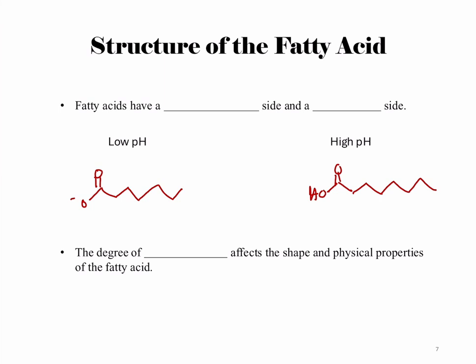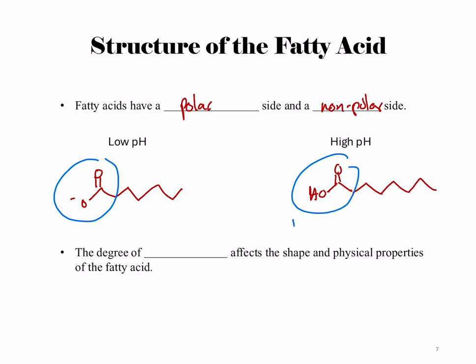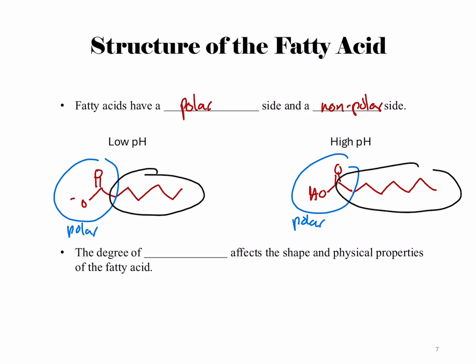These are actually going to be a polar side and a non-polar side. The charged side is more polar, and then the long chain saturated or unsaturated side is going to be the non-polar part, regardless of whatever the pH of the solution is.